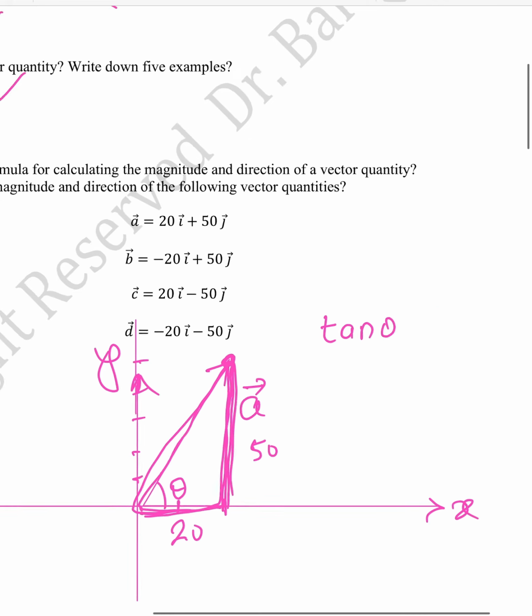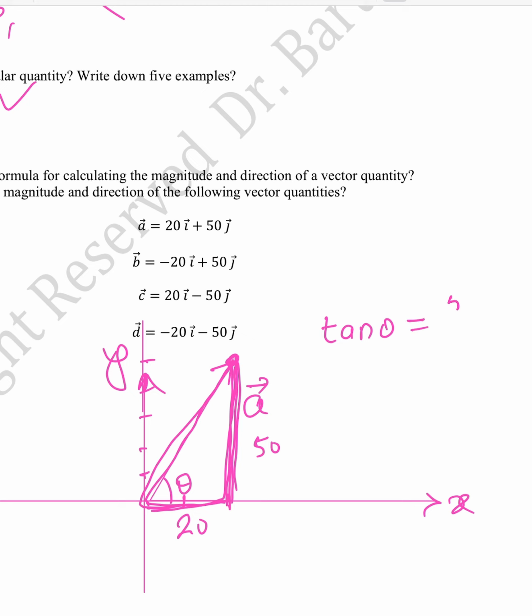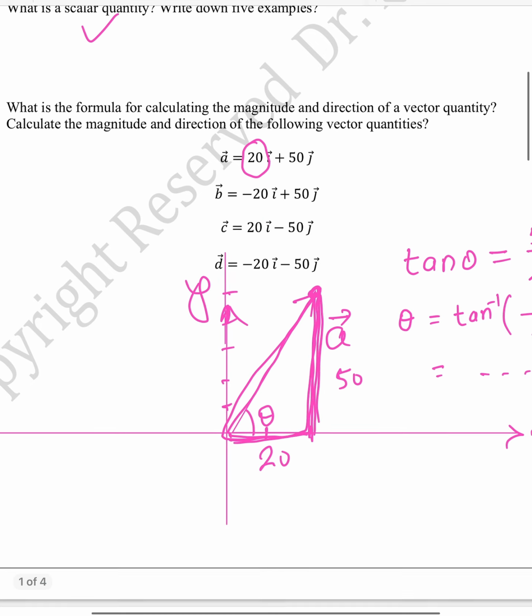So tangent theta is equal to 50 over my x component, which is 20. From there you should be able to find theta, that is tangent inverse of 50 divided by 20. If you have a calculator, just plug it in and you should be able to get this. Exactly the same way you should be able to solve all the problems.